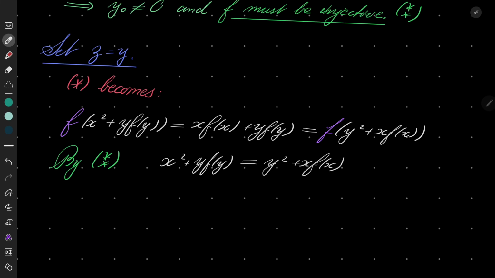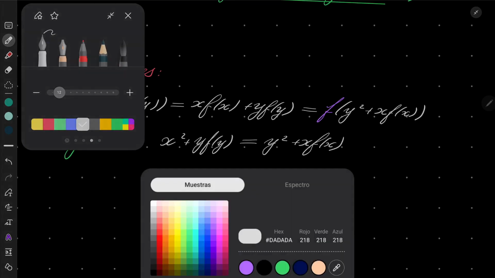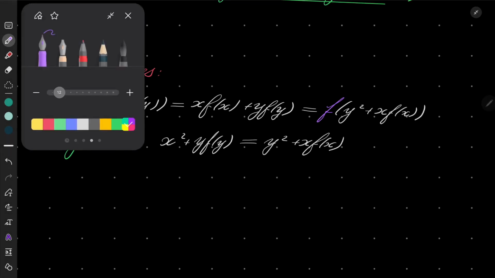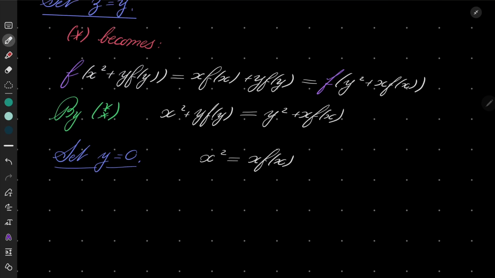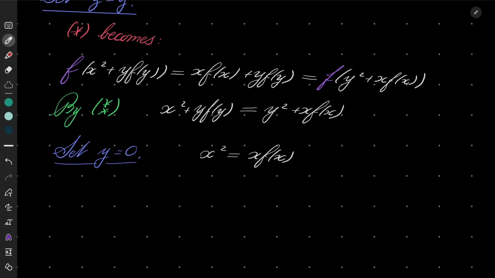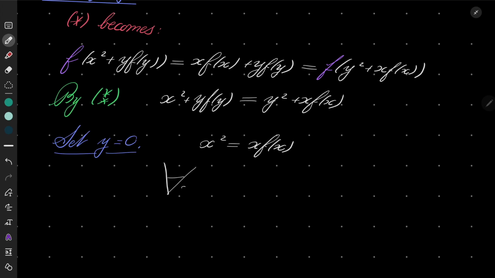Very well. And now let's set y to be 0, and we get the following. X squared equals x times f of x. Very well, and now we can divide by x, but remember that we cannot divide by 0, so we can safely say that for every real number, but not for 0, f of x equals x.